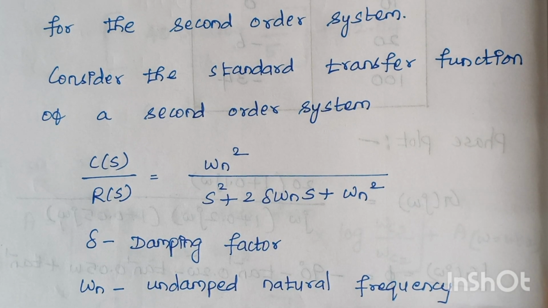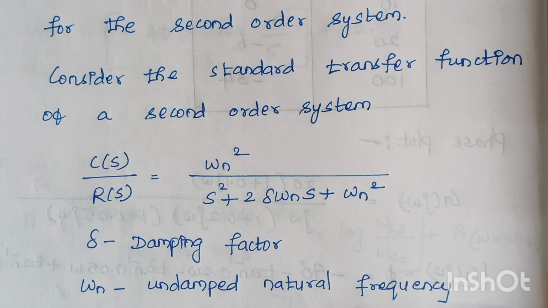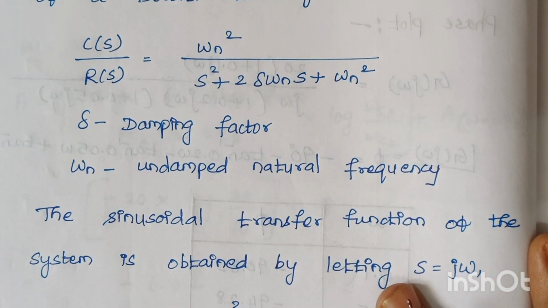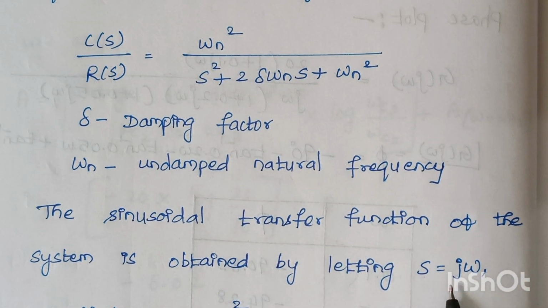Right. Now we are going to discuss the frequency domain. Here we have to substitute s as j omega. So the next step is we are substituting s as j omega.